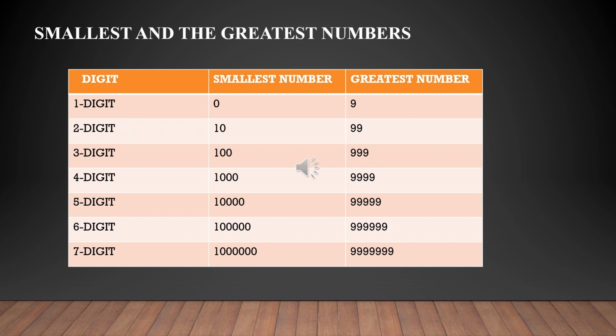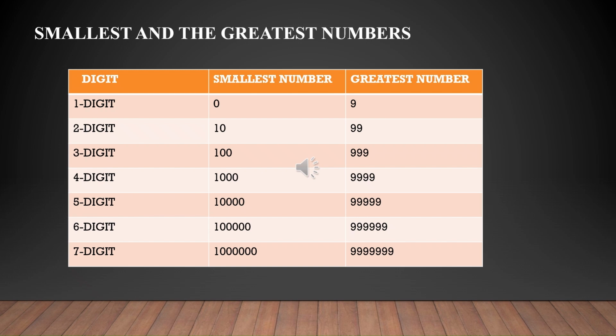How did you get this 10? When you add 1 to the single digit greatest number, that is 9, 9 plus 1, that is 10. 10 is the smallest two digit number, whereas 99 is the greatest two digit number. 3 digit smallest number is 100 and 3 digit greatest number is 999, and 4 digit smallest number is 1000 and the greatest number is 9999.